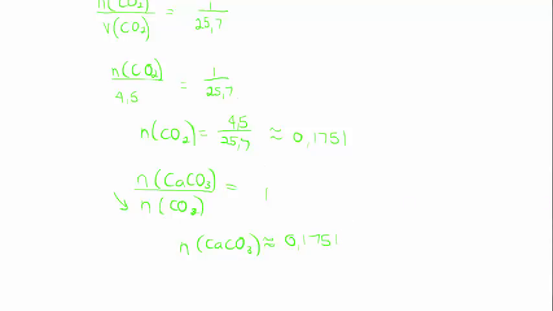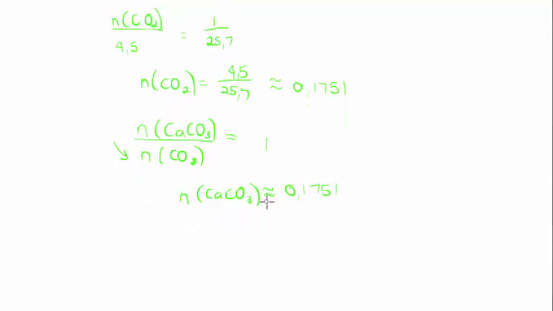Okay, now that we know how many moles of calcium carbonate, we want to know what mass this represents. Hopefully you know the mass formula: mass is equal to moles times molar mass. It's on your formula sheet, but n is equal to m over capital M. So I just want m, so it's actually this triangle.